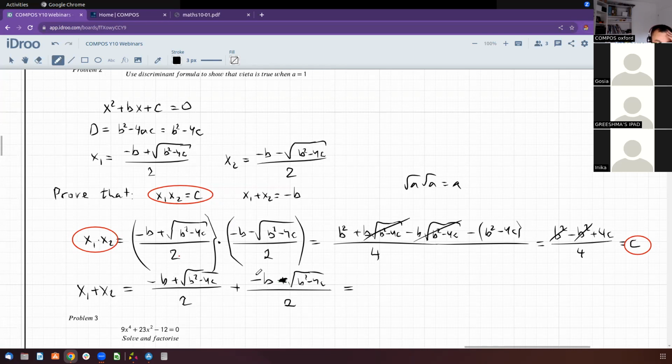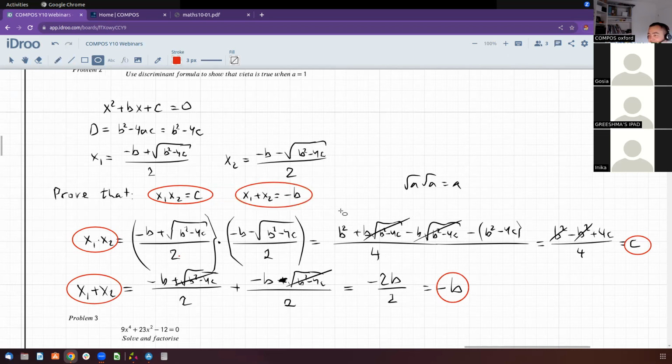So minus b, so minus 2b, and the square root thing cancels out. And we have −2b over 2, which is −b. Whoa, x1 + x2 is −b, just as predicted.